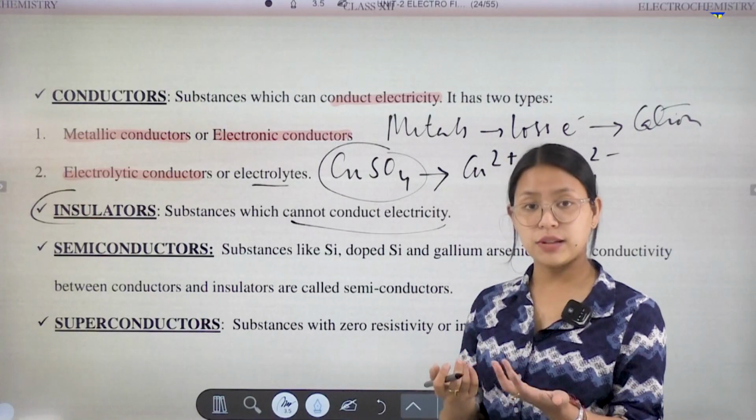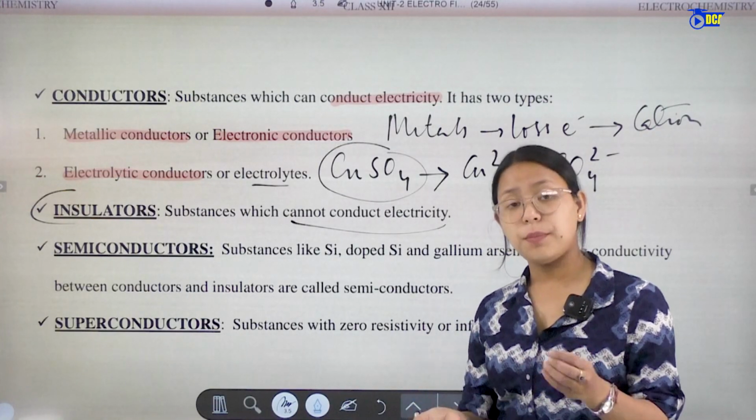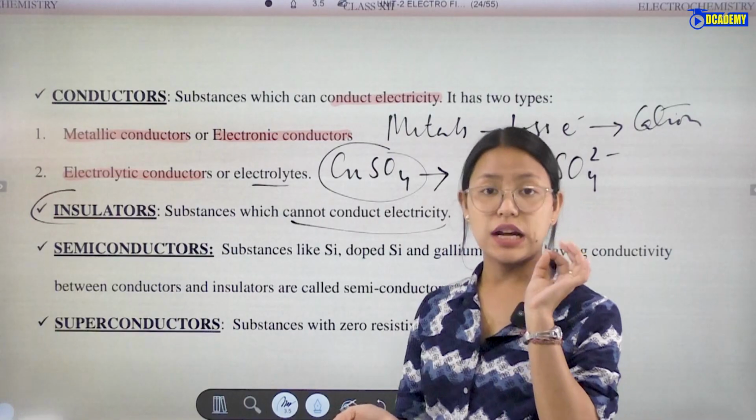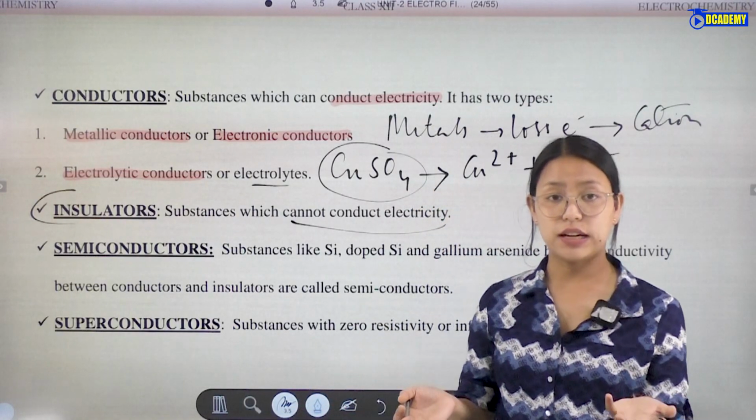For example, plastic: electricity cannot pass into it.